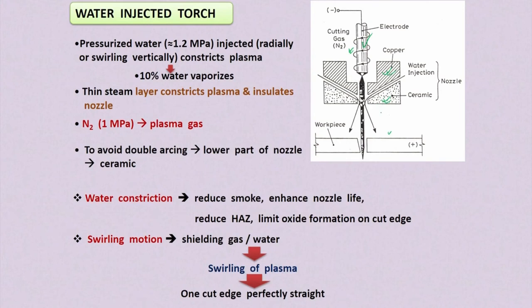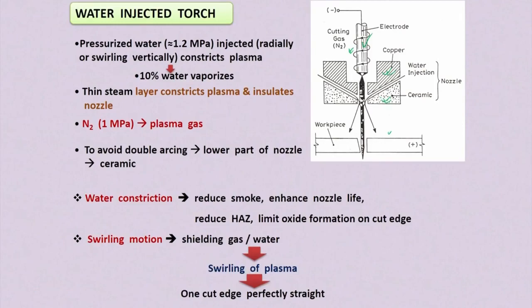In the first one, the air plasma torch, we have seen that there is double arcing: arcing between the electrode and the nozzle, and arcing between the nozzle and the workpiece. To reduce it, a ceramic material, which is electrically non-conducting, is used at the bottom of the nozzle. So there will not be any double arcing in this water injected torch.